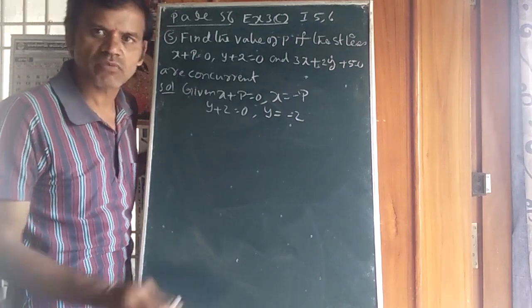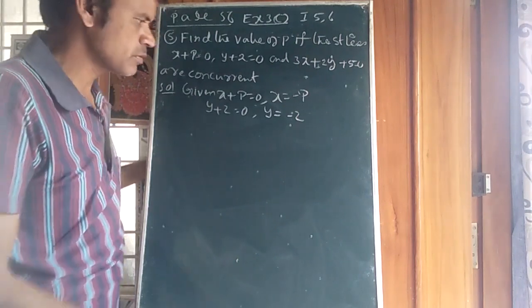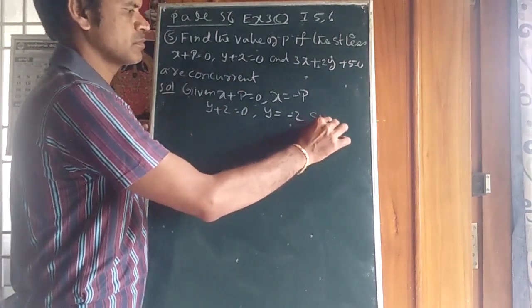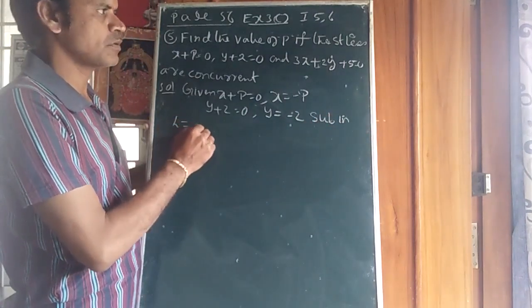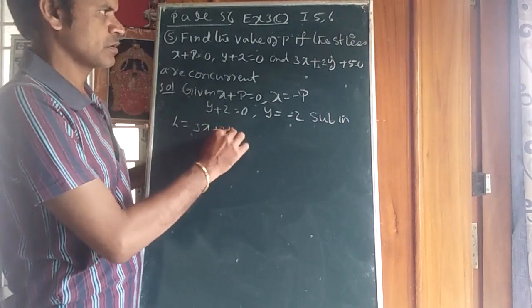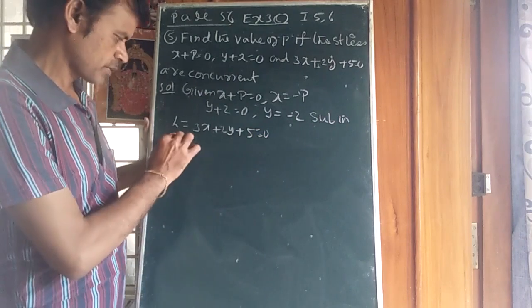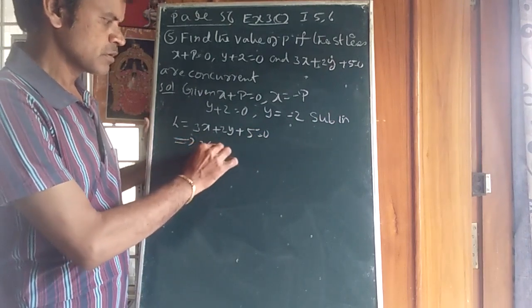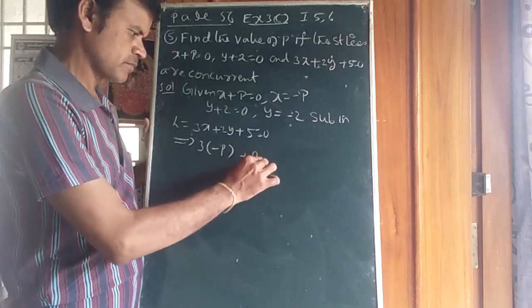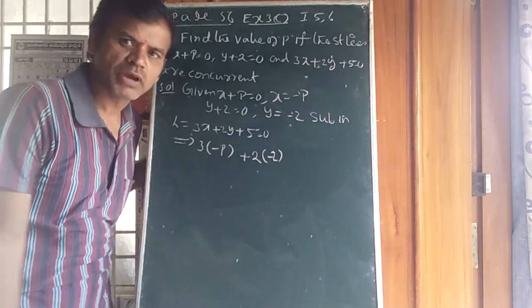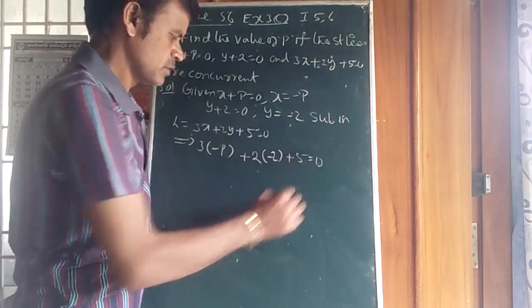Substitute the values of x and y in the line 3x plus 2y plus 5 equal to 0. That implies 3 into minus P plus 2 into minus 2 plus 5 equal to 0.